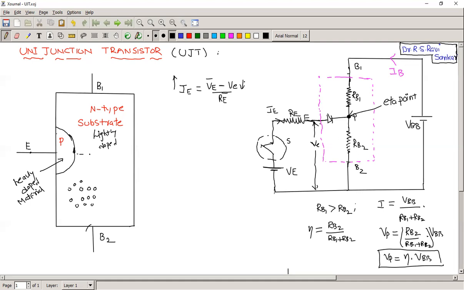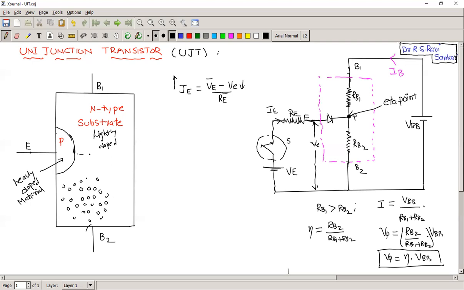Once the RB2 decreases, again VE will decrease, IE will increase, further increasing. As long as the charge carriers are increasing in the substrate, the resistance RB2 will decrease. This happens up to the valley voltage, because at the valley voltage, this region is saturated with charge carriers. If they further increase the charge carriers, they do not accumulate in the base region.